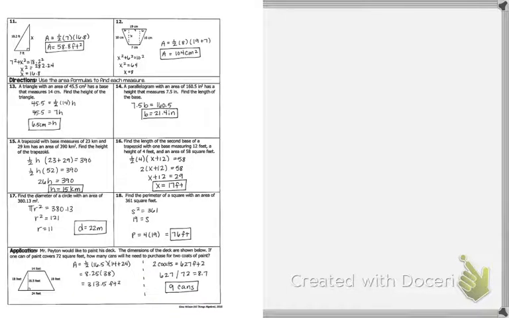Alright, if we go to the second page of your assignment or your notes, these are probably the ones that are going to give you the most problem. I'm not going to work with 11. I mean, 11 is basic, okay? And you guys are probably saying, sir, you always say it's basic. You always say it's easy. Yeah, you're right. Area of a triangle is 1/2 base times height.